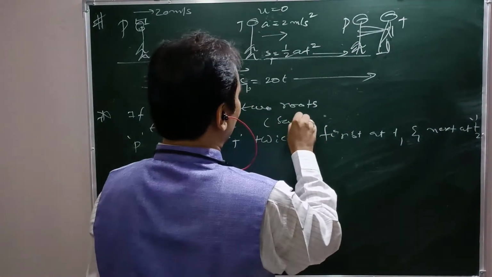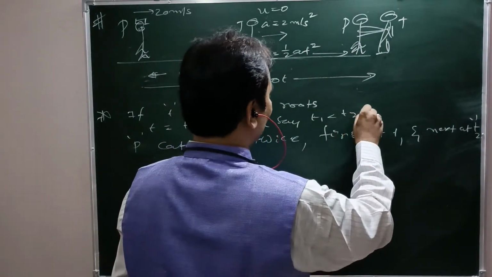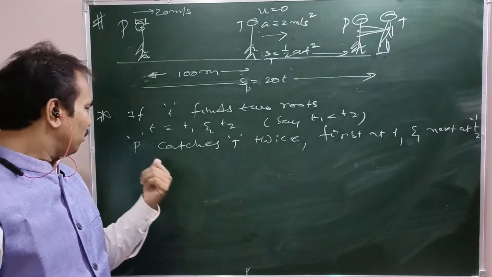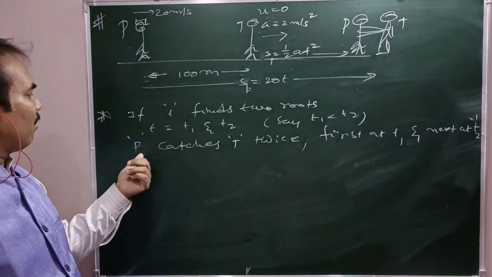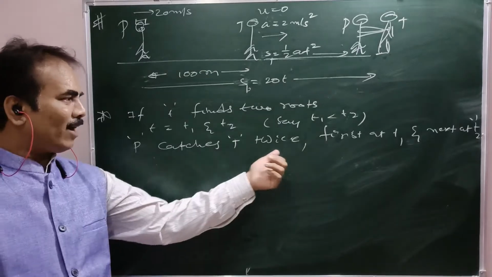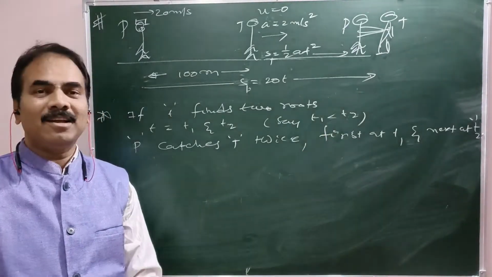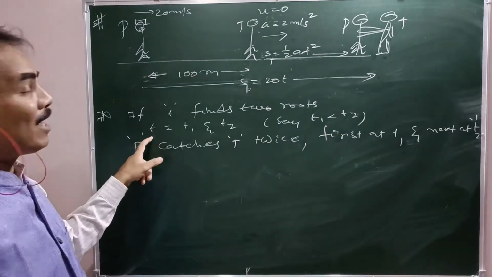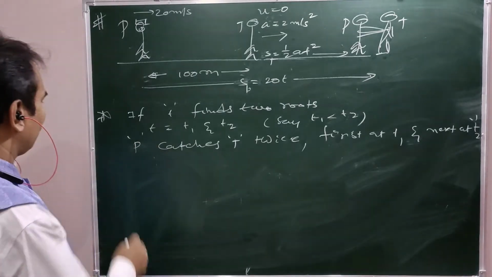Say T1 is less than T2. So the policeman catches the thief twice, first at T1 and next at T2, provided t finds two roots.